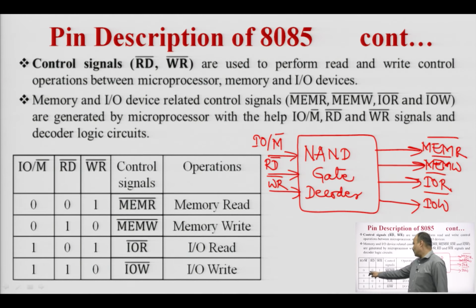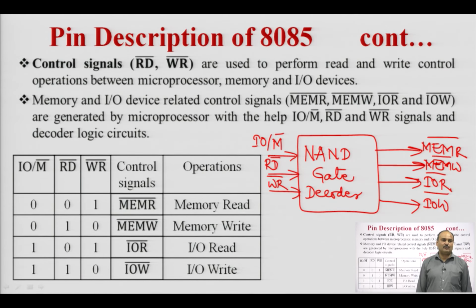When input output or memory is 0, read is 0 and write is 1, the control signal generated is MEMR, that is the memory read control signal, and the operation is memory read. Similarly, for input output or memory 0, read is 1, write is 0, the control signal is the memory write signal and the operation performed is memory write.